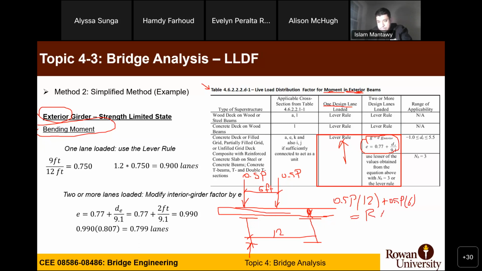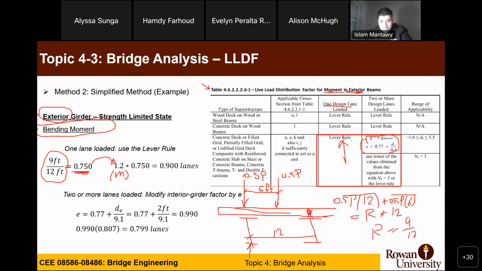This gives you 6 and this gives you 3, so R equals 9 over 12, which is 0.75. But you have to multiply by the multiple presence factor because it's a lever rule.